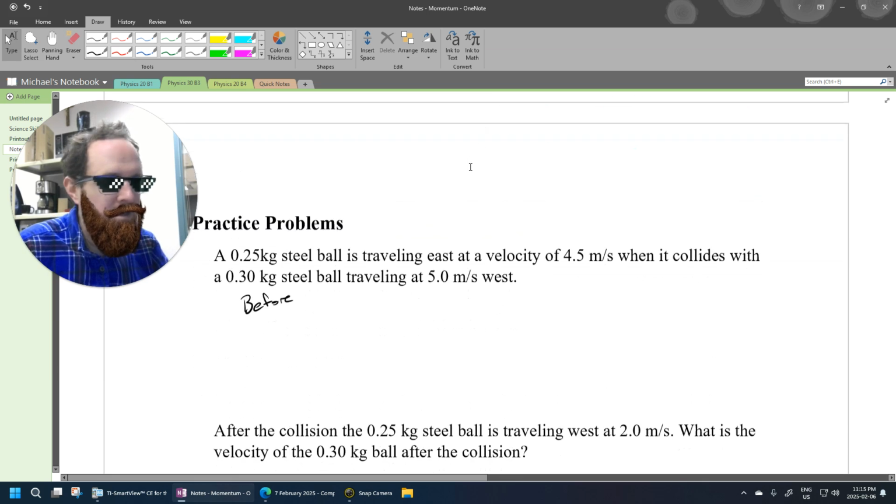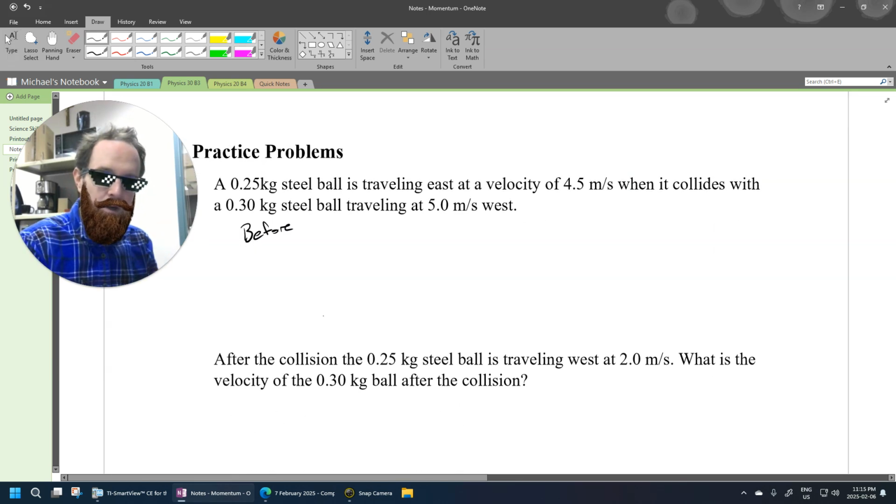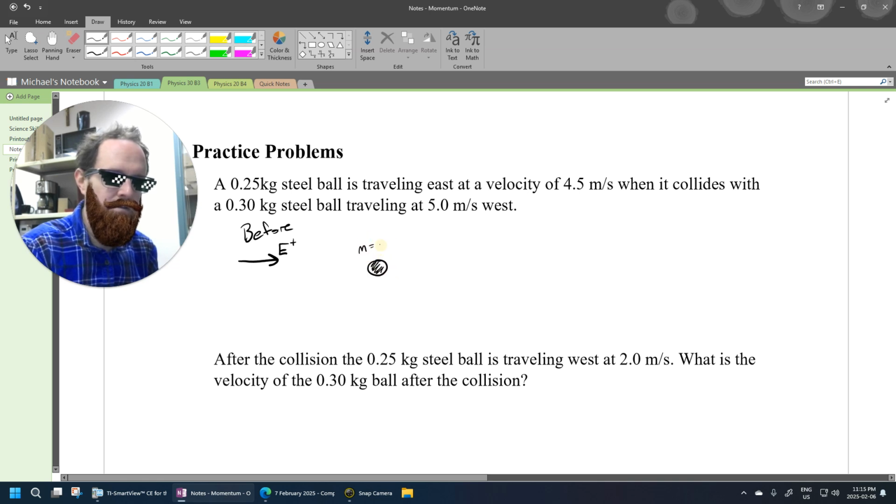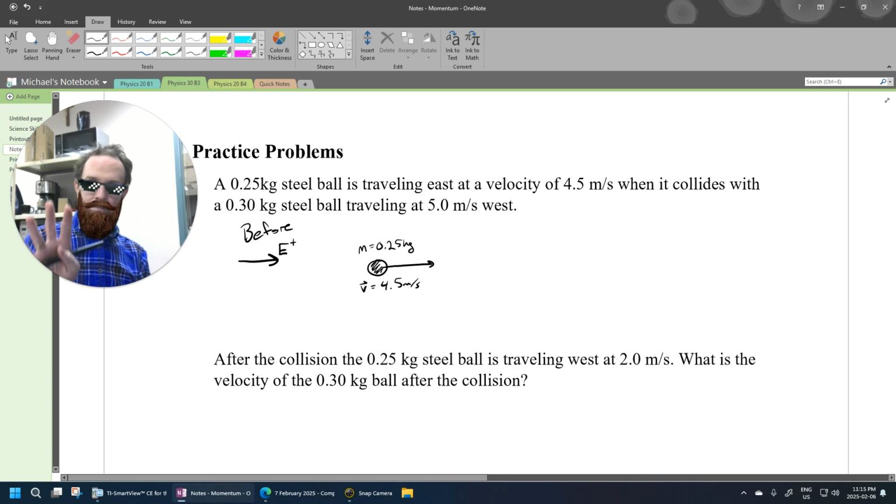Okay? So the before, this is before they collide. Let's just say east is positive. And we've got this 0.25 steel ball. I'm just going to put the mass on here. So I'm listing off the givens. It's traveling east with a velocity of 4.5 meters per second. Now, I've put in already that east is positive, so I wrote a positive number there.